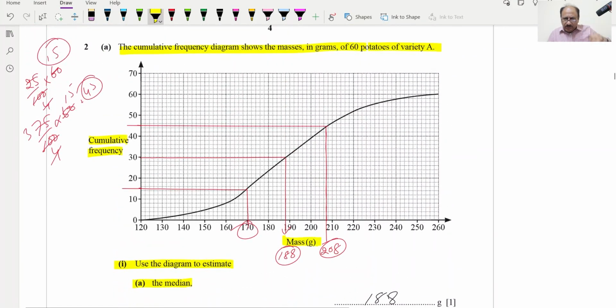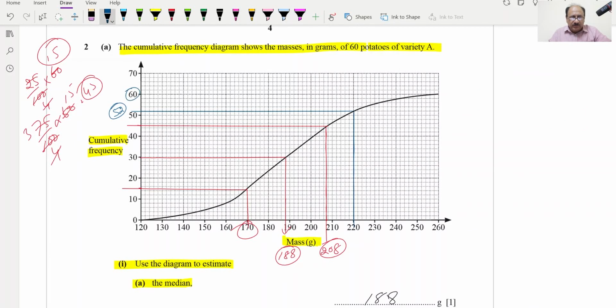More than 220 grams we can check a reference. I'll change the color so that you can identify, and this is the reference from 220 we have taken, and we can check from this side also, and this reference is 52. So this is not this one, this one is 52 to 60.